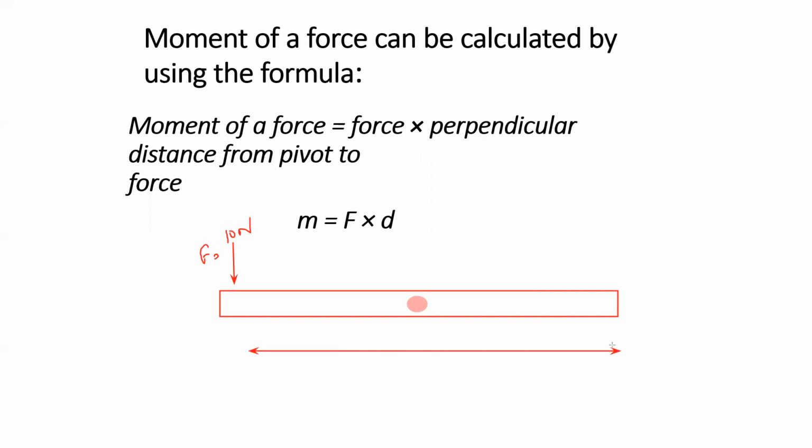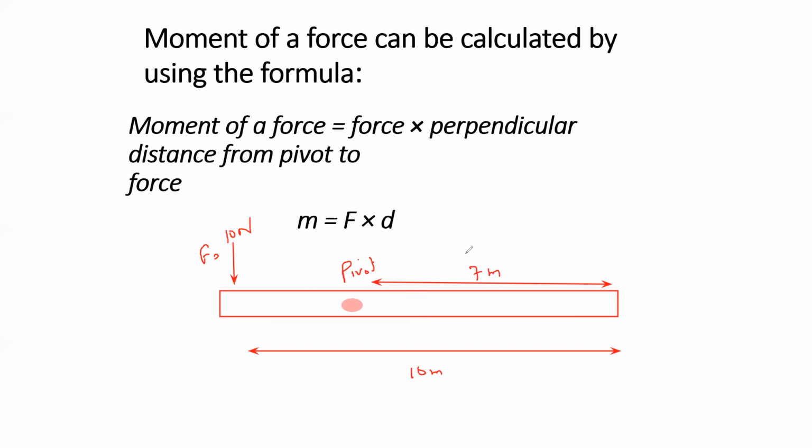The total distance, say, was 10 meters. And this is the position of the pivot. This is where the pivot is placed. And the distance between the pivot and the other end is 7 meters. And the question was to calculate the moment.